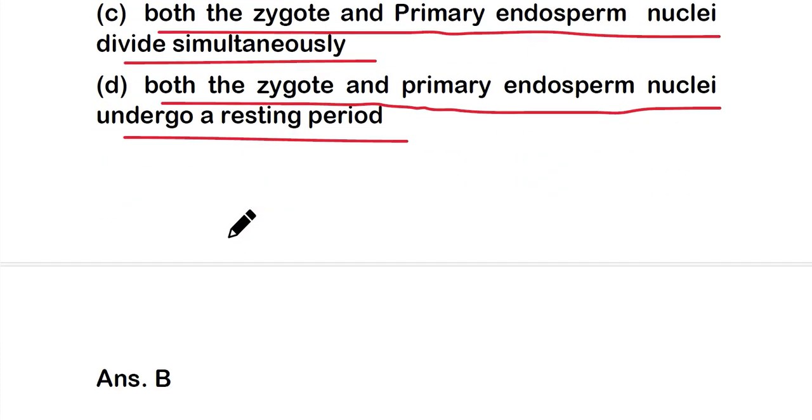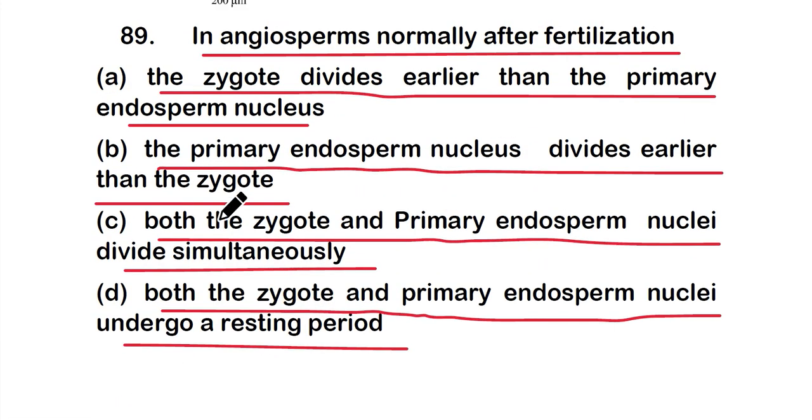The right answer is option B. So in angiosperms, normally after fertilization, the primary endosperm nucleus divides earlier than the zygote.